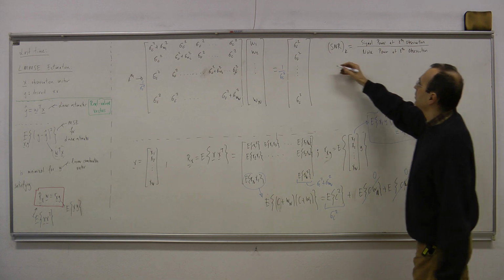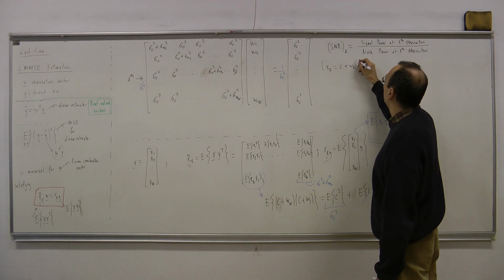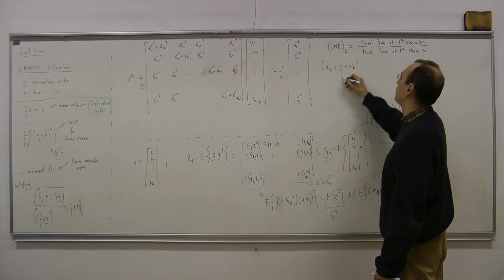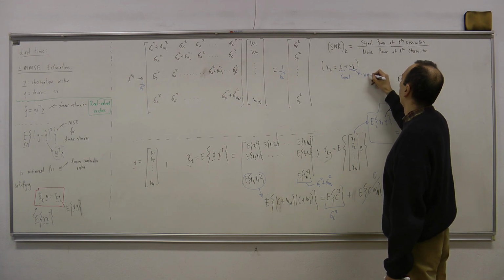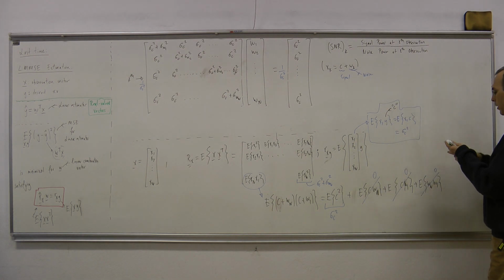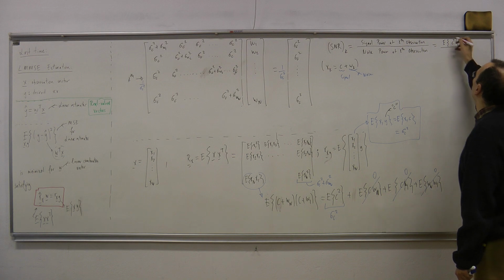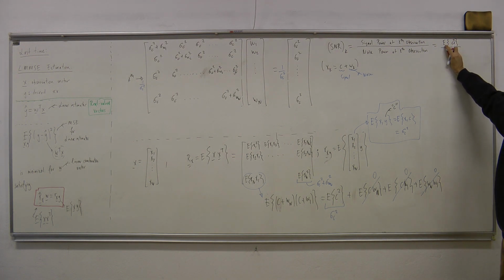So what do I mean by this? Please remember, the kth observation is C plus WK. This is the signal. This is the noise. So what do I mean by power? Well, in electrical engineering, you may say this is like the average power, but with averages in terms of expectation.